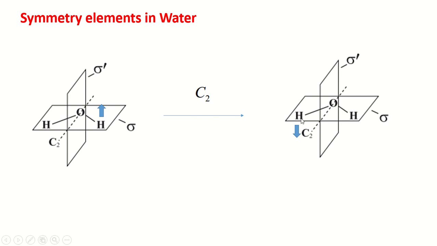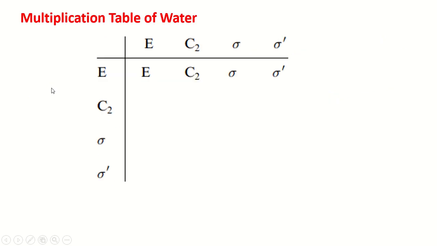Then this hydrogen will replace the place of this hydrogen, and due to the anti-clockwise rotation, the arrowhead would go upward. So the resultant product would be like this one, which is actually the identity. So after applying C2 with C2, the resultant would be the identity.